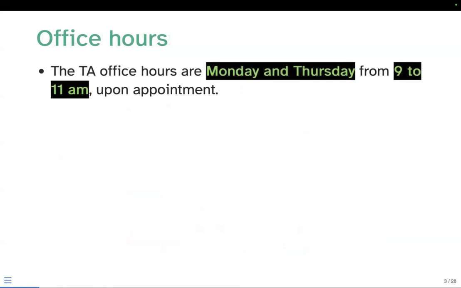All right, let's talk about office hours. Niva is going to have office hours on Monday and Thursday from 9 to 11 a.m. upon appointment. What do I mean by that? Niva is going to be available to help you with any questions you may have related to the course on those days, during those times, but she's not going to just be sitting at her computer waiting for someone to show up.